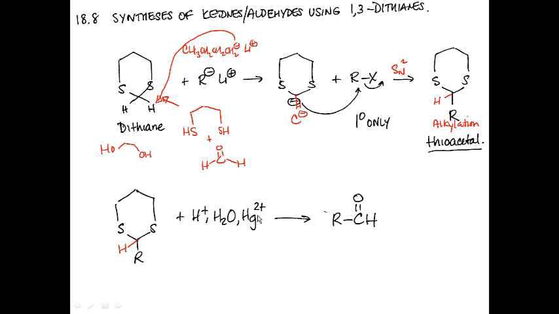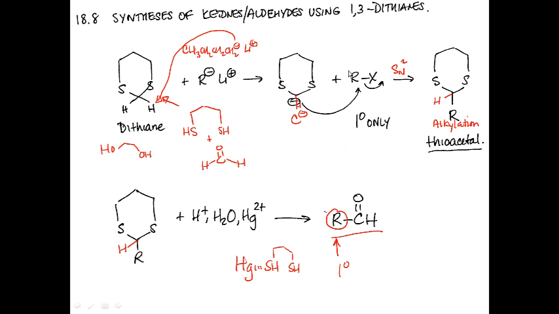Now people throw in the mercury because mercury has a very large affinity for sulfur, and so the mercury will help pull the sulfur off of this molecule so that I would end up with the SH groups bound to mercury, but then this helps hydrolyze, or deprotect, this now aldehyde. And so what I've done is I've started with dithiane, and I can put any alkyl group onto that as long as it's primary. So the restriction here is that we have to have a primary alkyl group as our aldehyde.